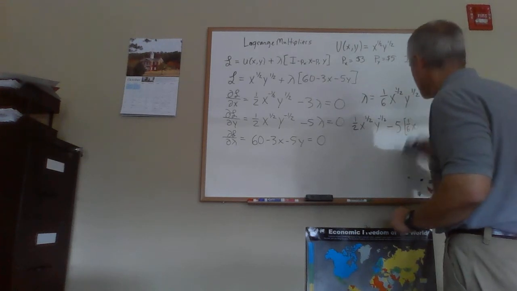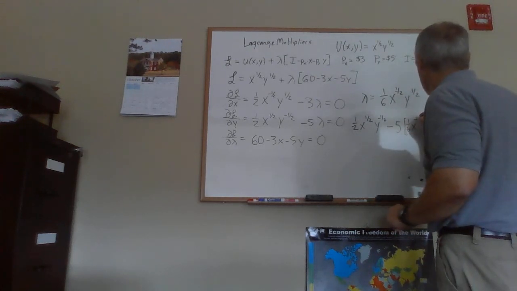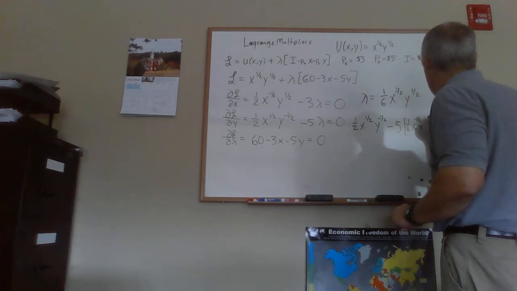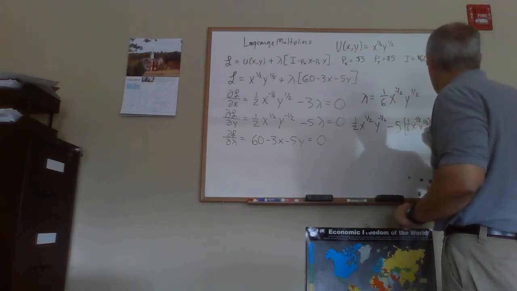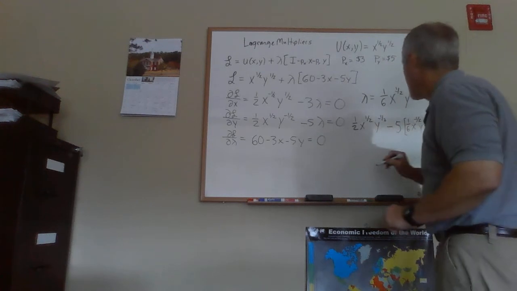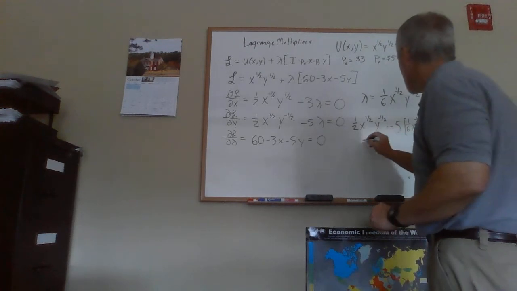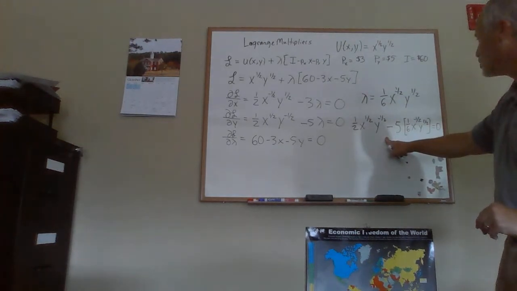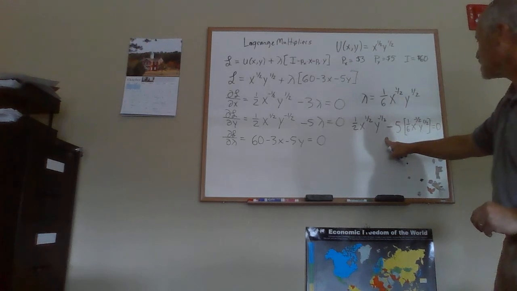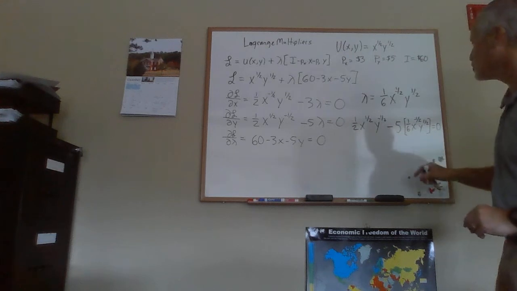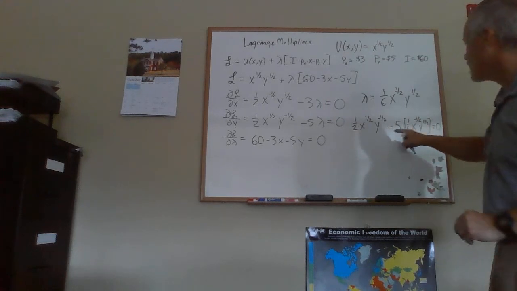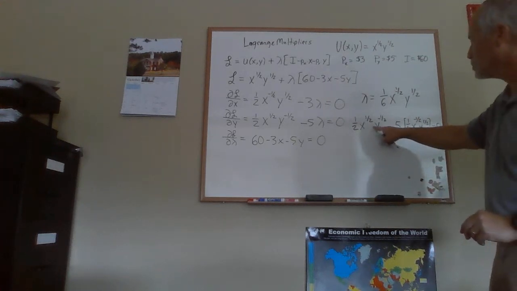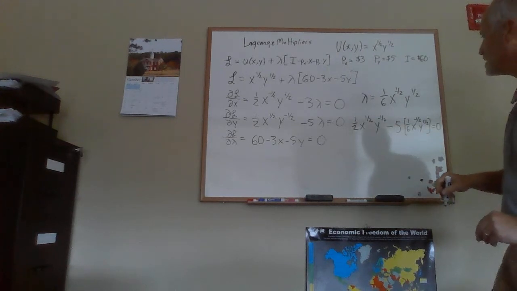Now, when you get to this step with the Cobb-Douglas, this looks really messy, but it's going to end up being pretty nice, because what you can do is multiply this equation through by x to the 1/2, y to the 1/2, and that will clear these nasty exponents.